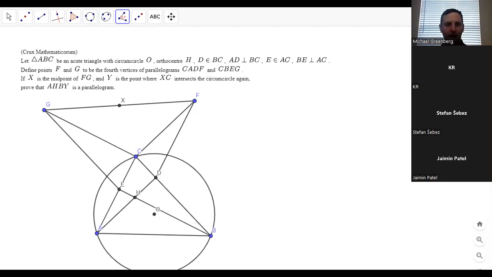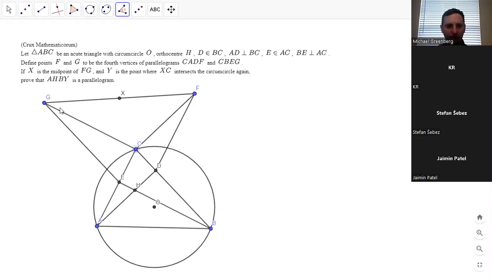Is BHC, I'm sorry, is BHA similar? I wonder if triangle BHA is similar to triangle CFG. So what is this angle right here? I always measure it the wrong way. I knew it would be the wrong way.